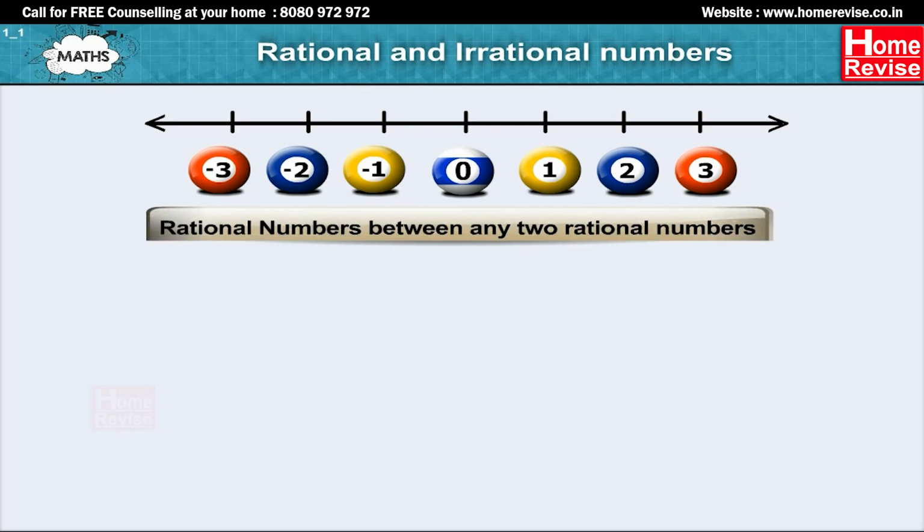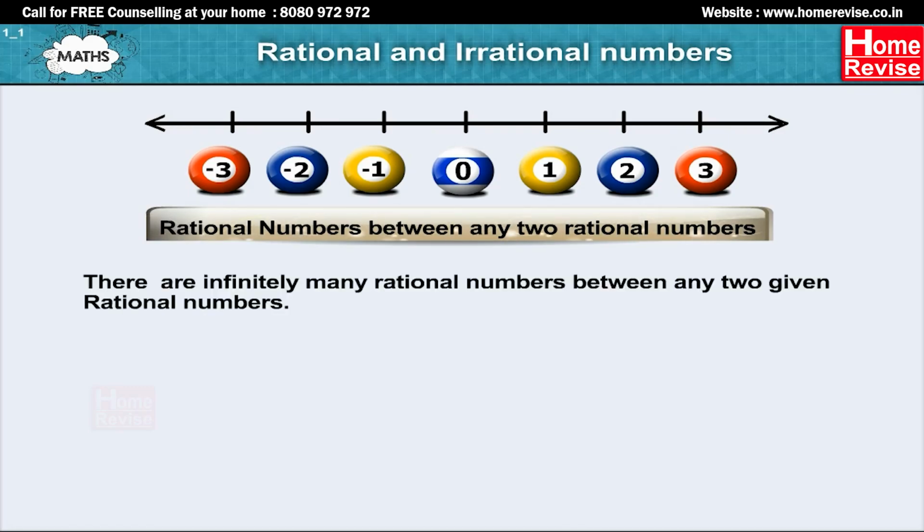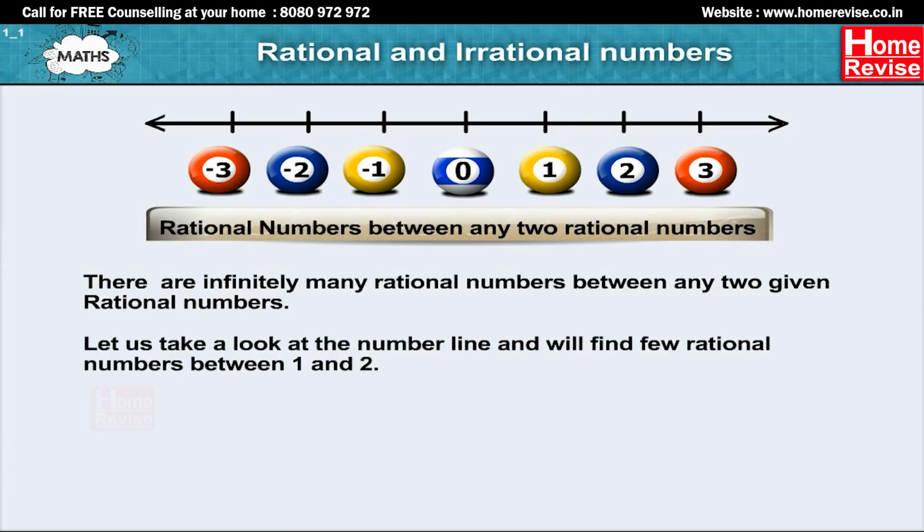Rational numbers between any two rational numbers. There are infinitely many rational numbers between any two given rational numbers. Now let us take a look at the number line, and we will find a few rational numbers between 1 and 2.